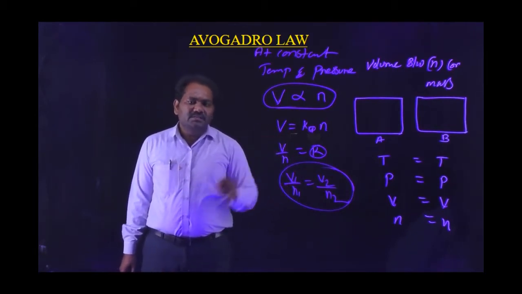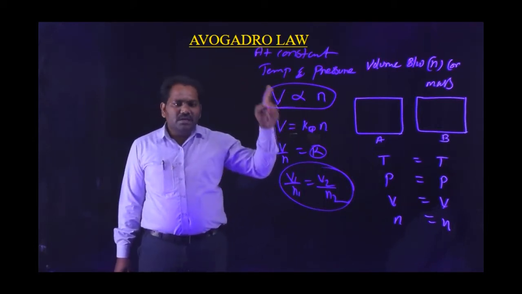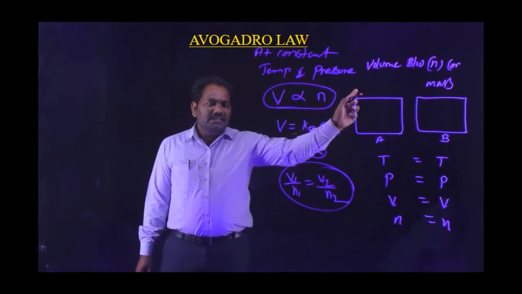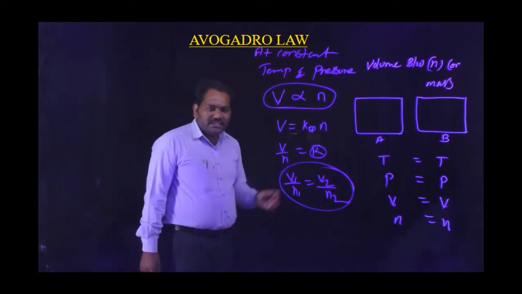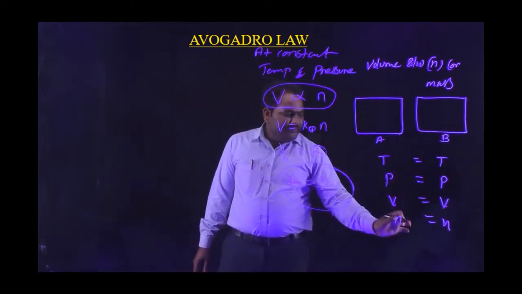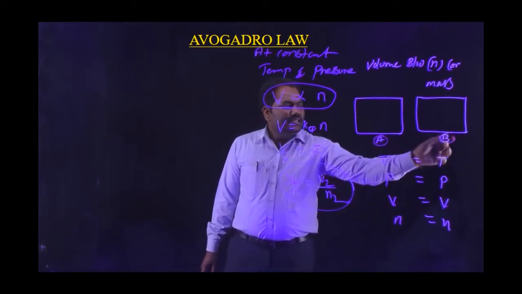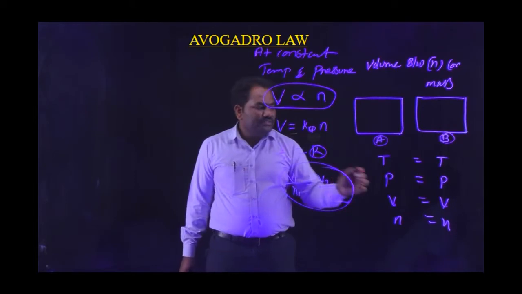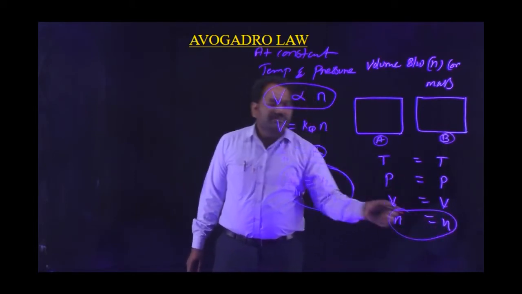I repeat, it gives the relationship between volume and number of moles or mass of the gas. According to this, at the same temperature and pressure, equal volumes of any gas have an equal number of particles. For example, take gases A and B. They have the same temperature, same pressure, same volume, and also the same number of particles.